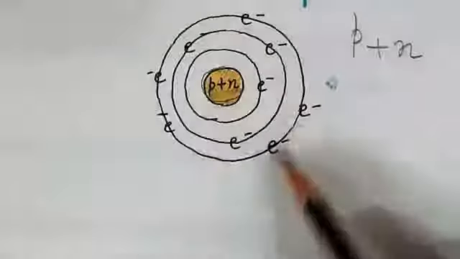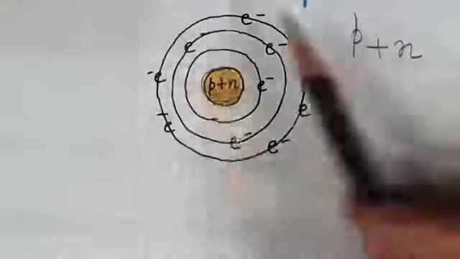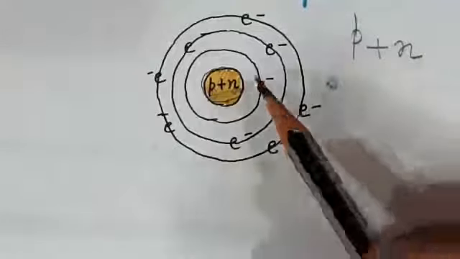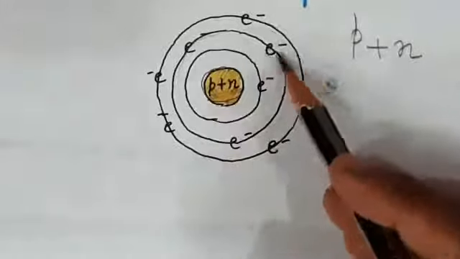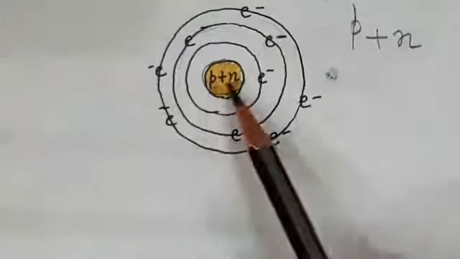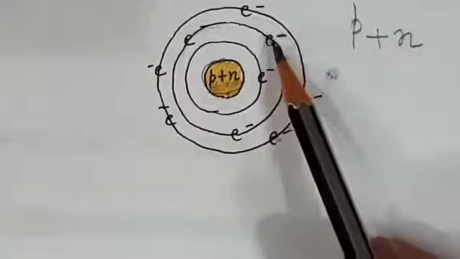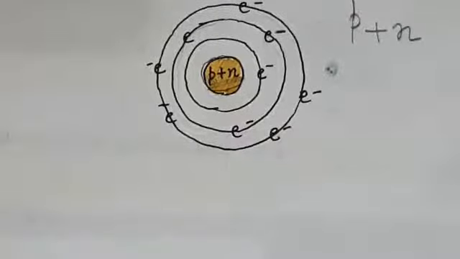And outside the nucleus, there are shells, orbits, or the energy levels. We can say one and the same thing. In these orbits, the electrons revolve. e negative means electron. So proton and neutron are inside the nucleus and electron is outside the nucleus. So are you clear about the location now?